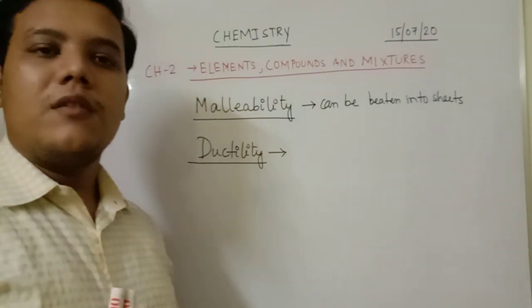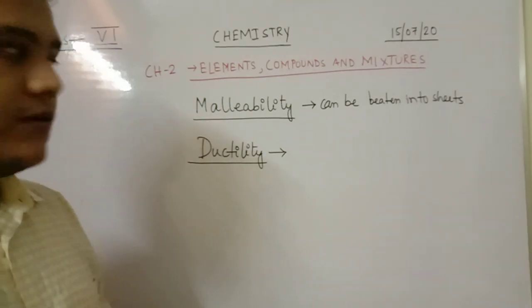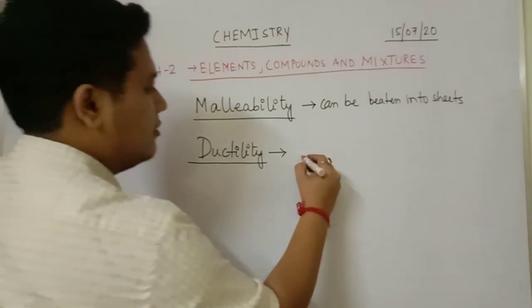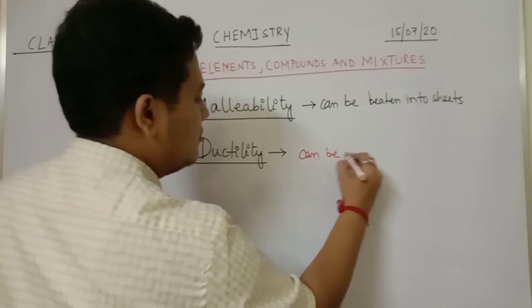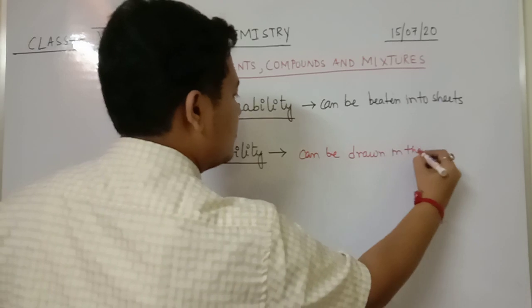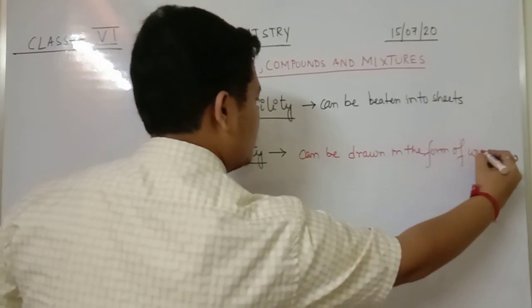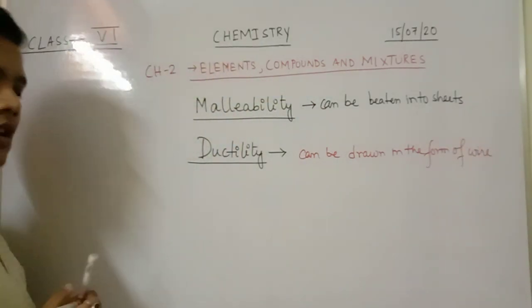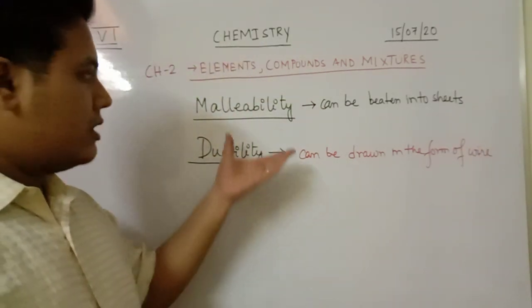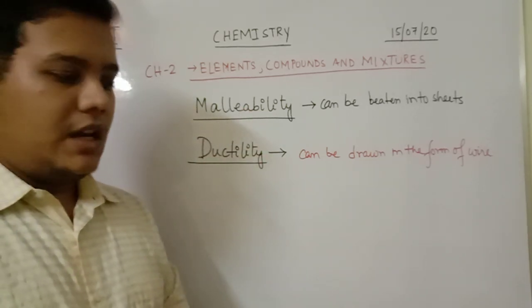So this property of the element is called ductility. That means we can draw them into the form of wire. So these are some basic properties through which also we can distinguish between the elements.